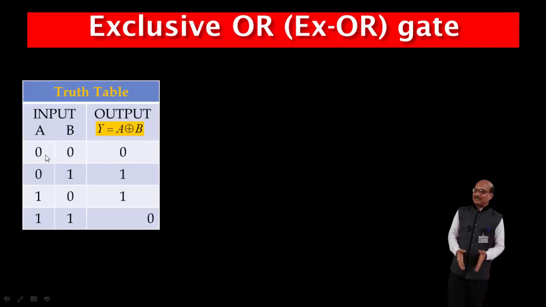If any one of the inputs is different, 0, 1 and C is equal to 0, then we find that the output is 1. So the speciality of this exclusive OR gate is that its output is 0 only when an even number of inputs, even, that is important, even number of inputs are same.